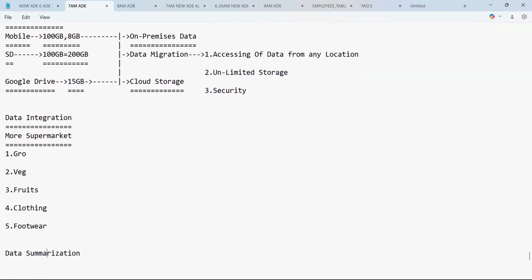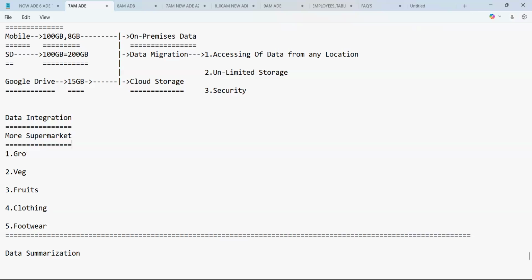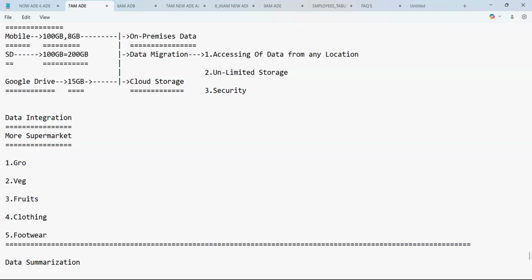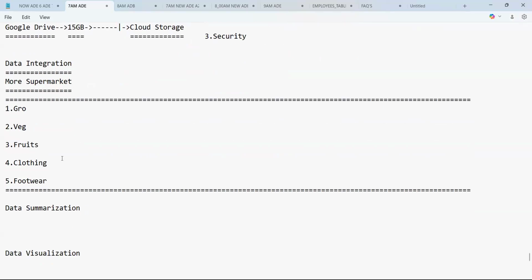Okay, but now can you tell me, is any of the products available in More Supermarket, groceries, vegetables, fruits or clothing, manufactured or produced or cropped by the More Supermarket, or do they take it from third party vendors?